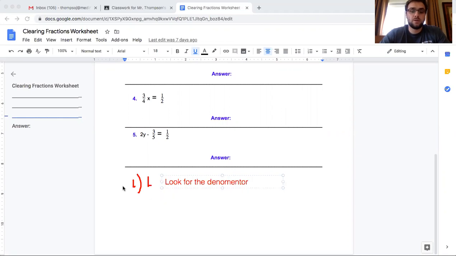The second thing you're going to want to do is find a least common multiplier.